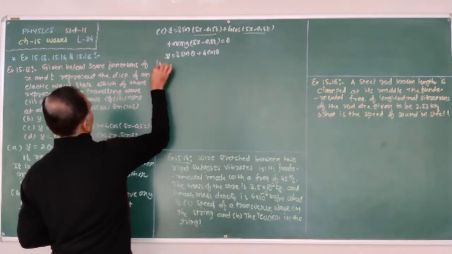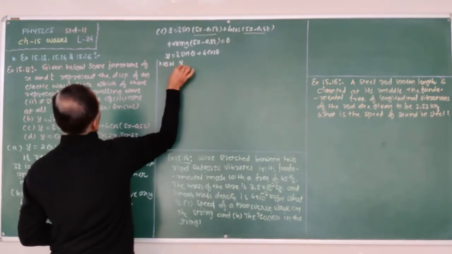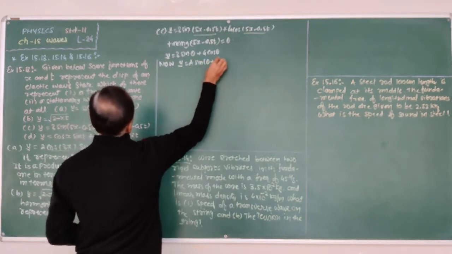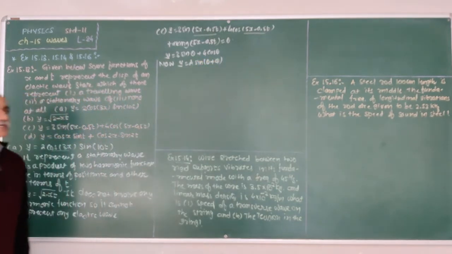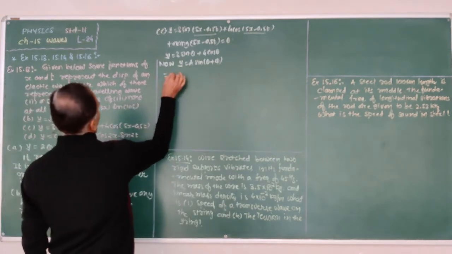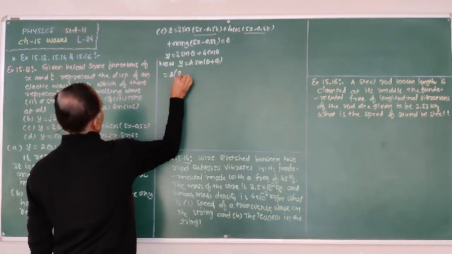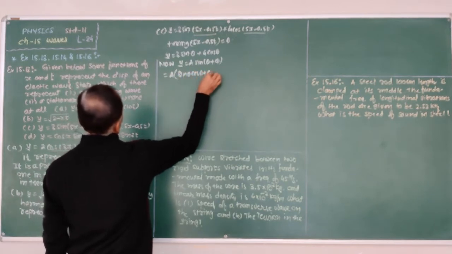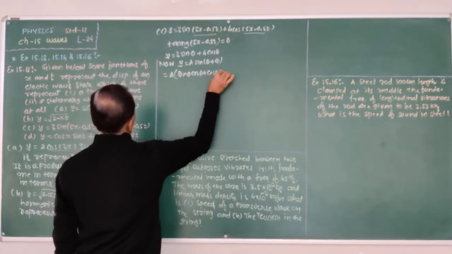Now y is equal to a sin(theta plus phi). What is the simplification of this? Sin theta cos phi plus cos theta sin phi. Therefore, if taken common, a sin theta cos phi plus a cos theta sin phi.